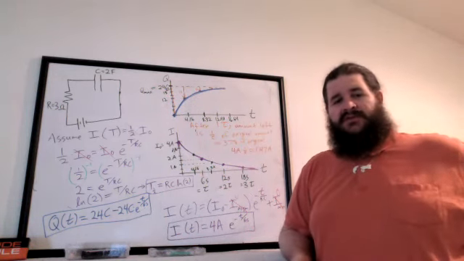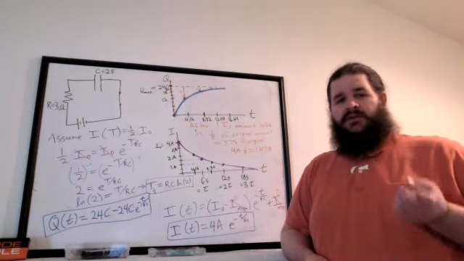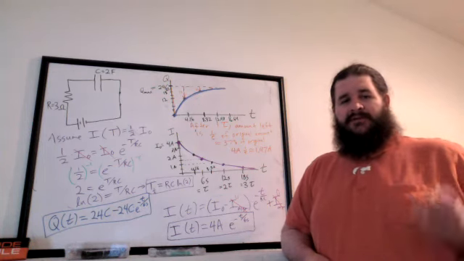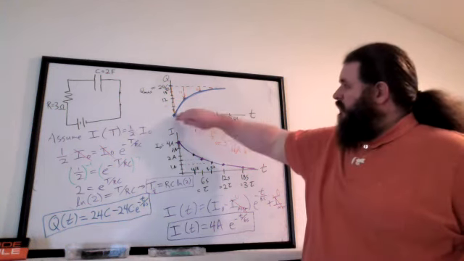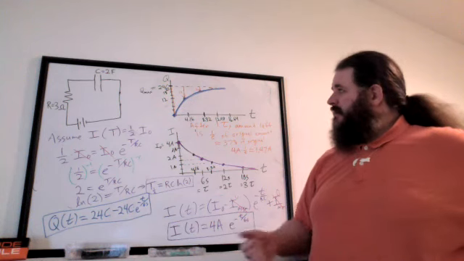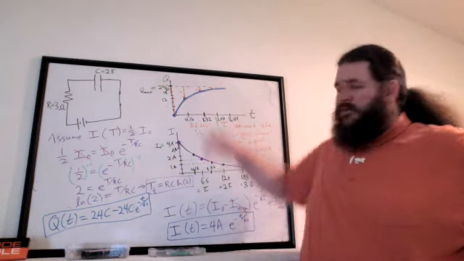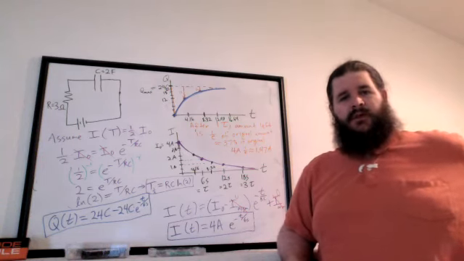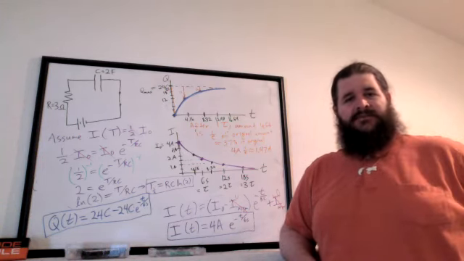So those 3 pieces of information alone, where it starts, what asymptote it approaches, and either the time constant or the half-life, that's enough information to draw a very accurate exponential decay graph and at least predict or estimate what it's going to be at any time you want. So this is a very useful approach to any exponential decay situation.